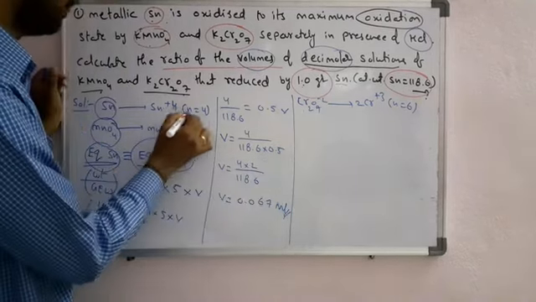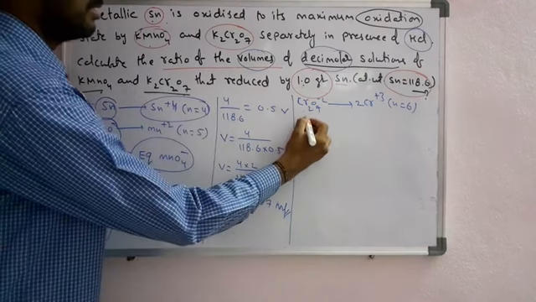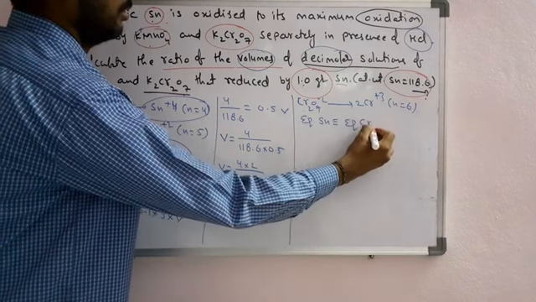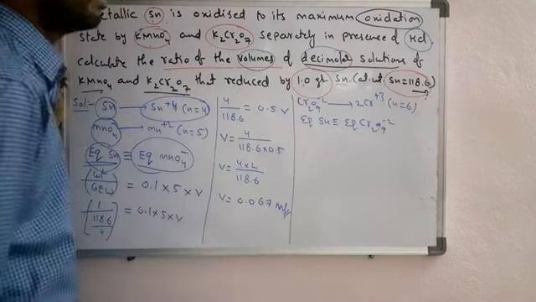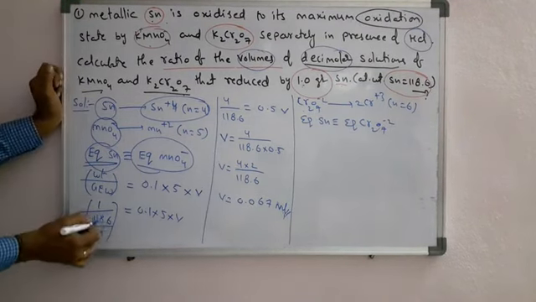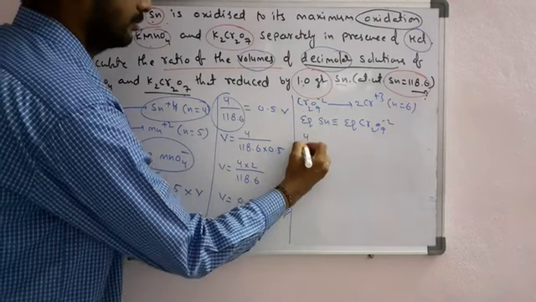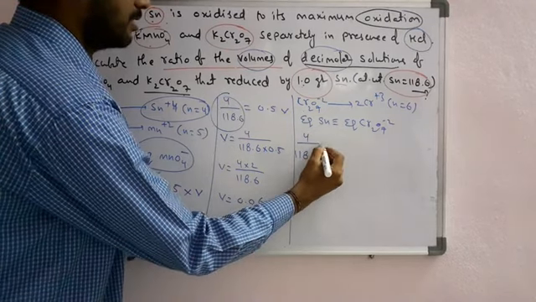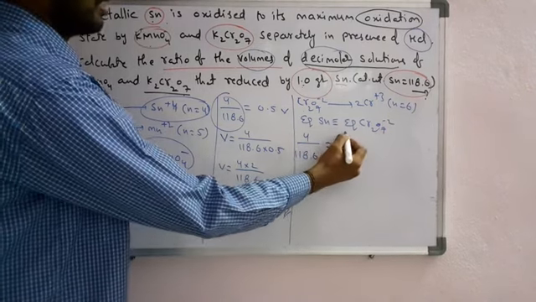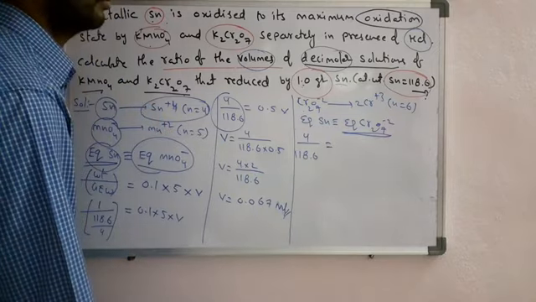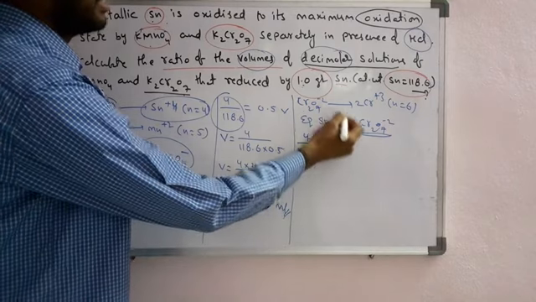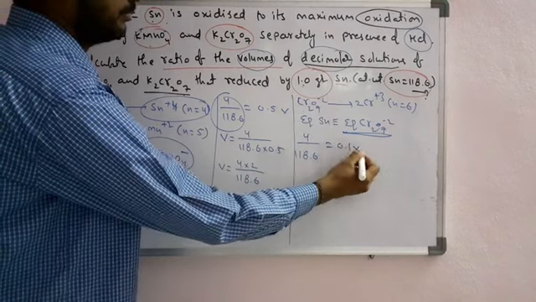For tin it is 4, so the equivalents of tin are exactly equal to the equivalents of Cr2O7 minus 2. Again we know already 4 by 118.6 is equal to the equivalents of Cr2O7. Decimolar means molarity is 0.1.